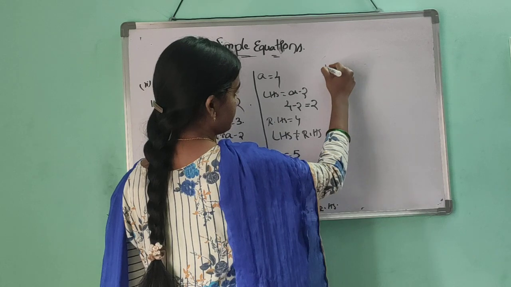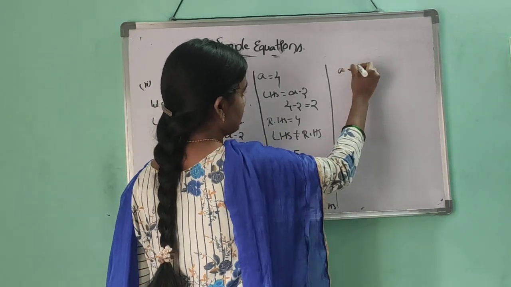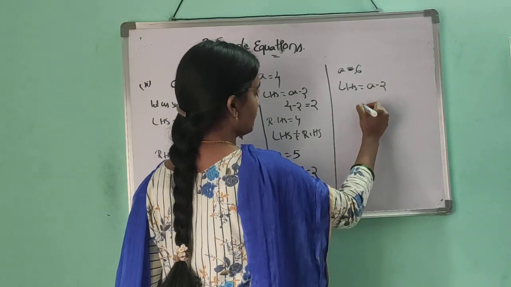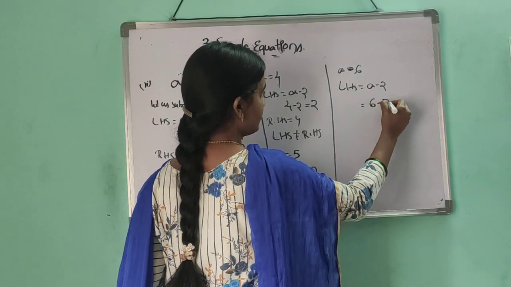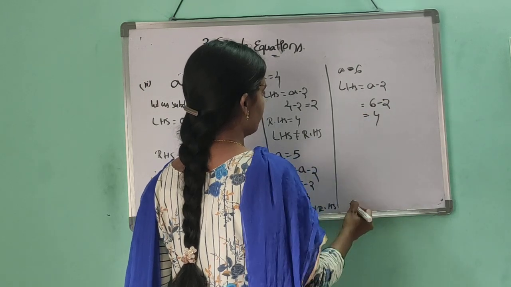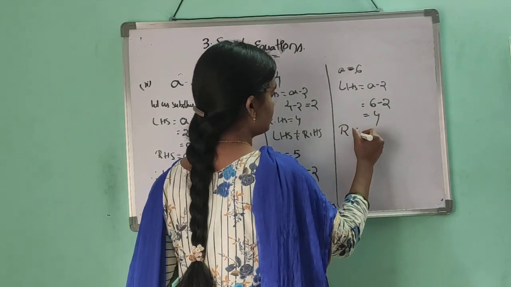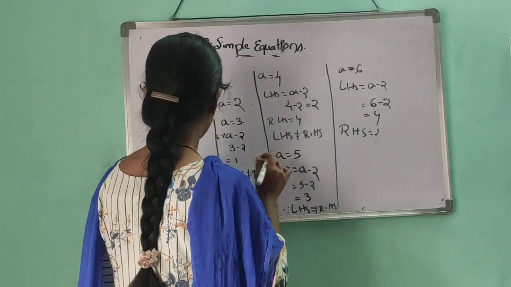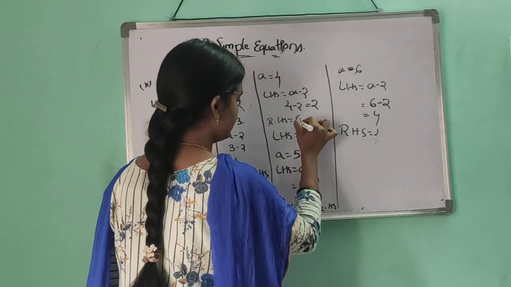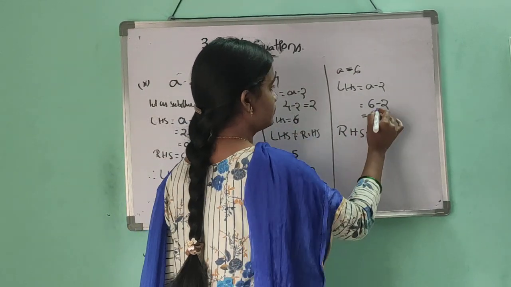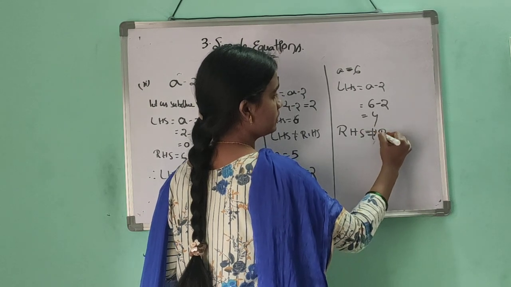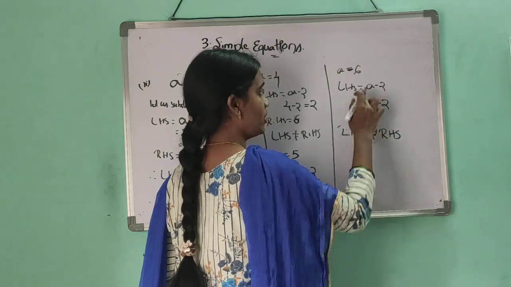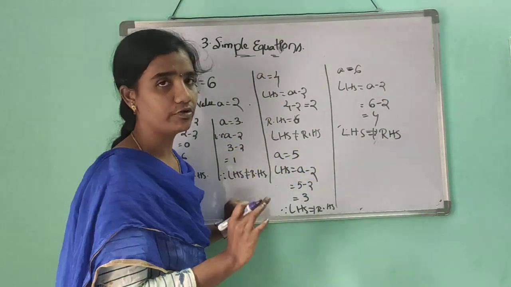LHS equal to A minus 2, 6 minus 2 equal to 4. RHS equal to 6. LHS value is 4, RHS value is 6, so it is also not equal to RHS.